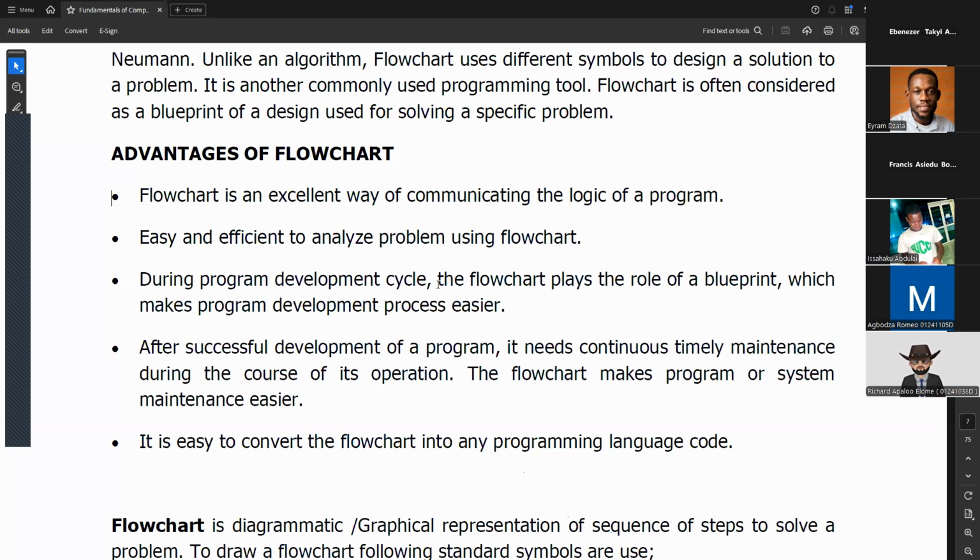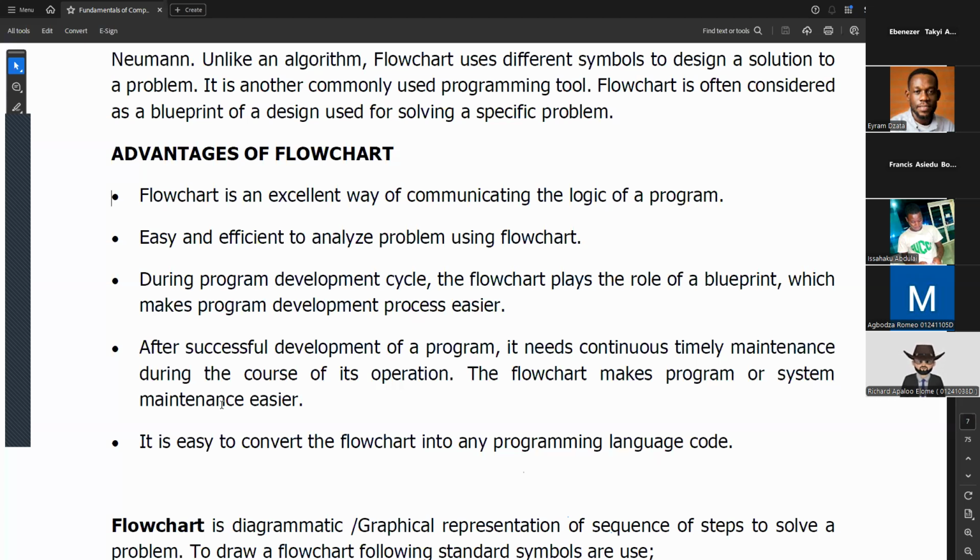During program development cycles, the flowchart plays the role of a blueprint, which makes the program development process easier. Also, after successful development, the program needs continuous timely maintenance during its operation, and the flowchart makes program or system maintenance easier.